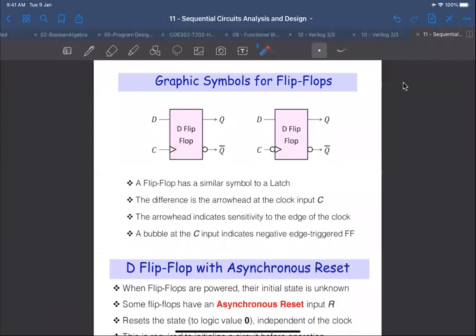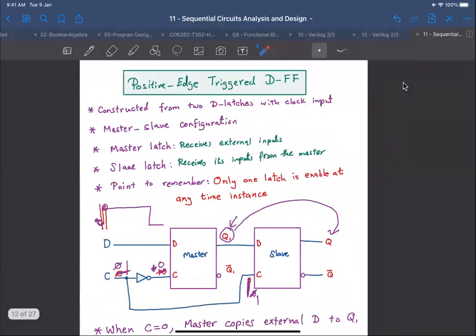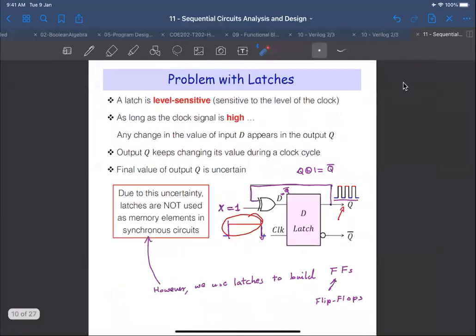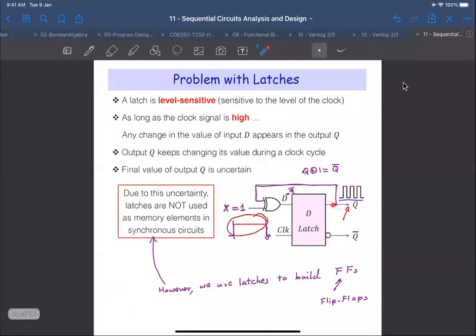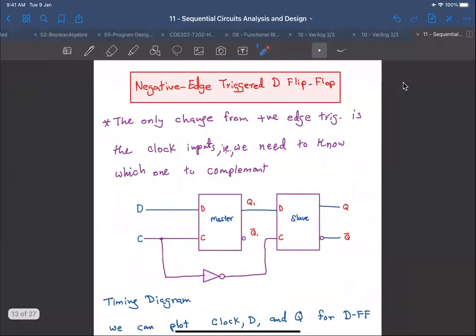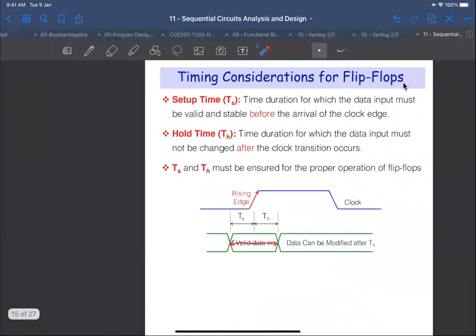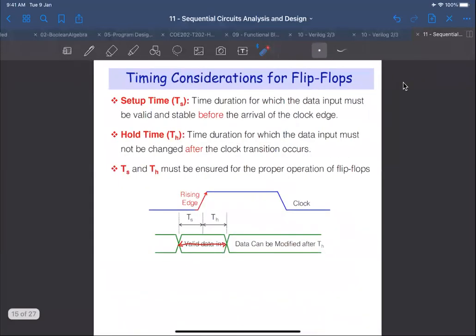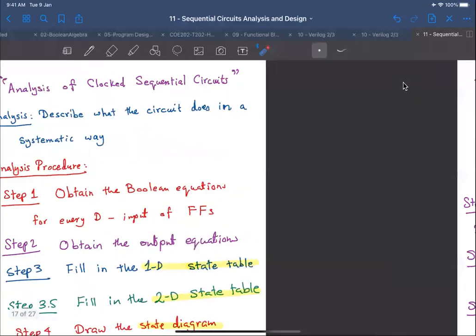If you compare this with the latch, it is similar. It has the same inputs and outputs. However, there is no arrow or triangle here. So it's important that you draw this arrow. Otherwise, we will understand that you don't know the symbol for the flip-flop.